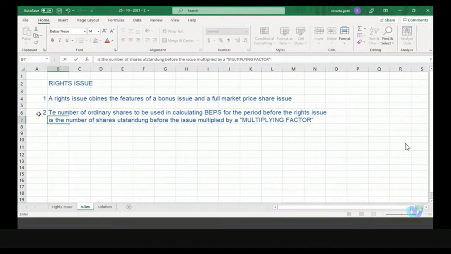We had the bonus factor at the bonus issue. At the rights issue, we know it as a multiplying factor.